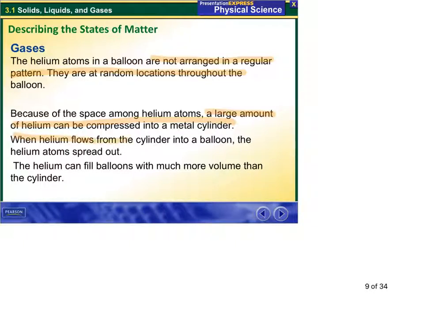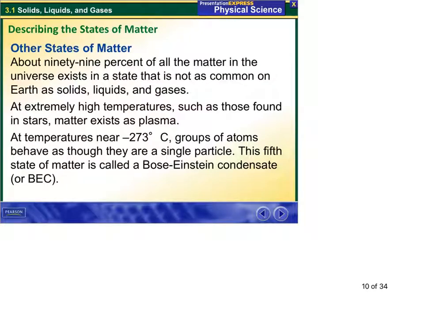When it flows out of the cylinder, the helium atoms or gas atoms will spread out. So helium atoms or any other gas contained in a pressurized cylinder can spread out and fill a much greater volume than the volume of the cylinder.